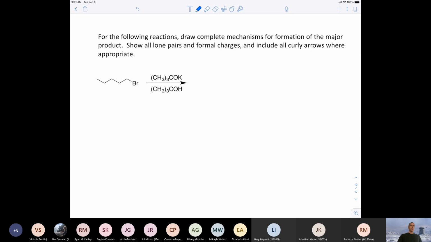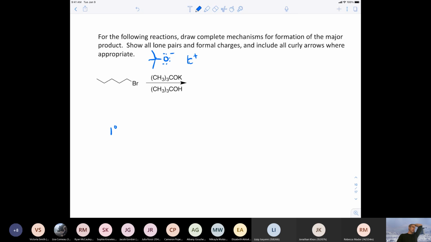Okay, starting material: primary, secondary, tertiary. Good, primary. What's this big thing now? CH3COK, we dissociate. So we have that. What do we have here?